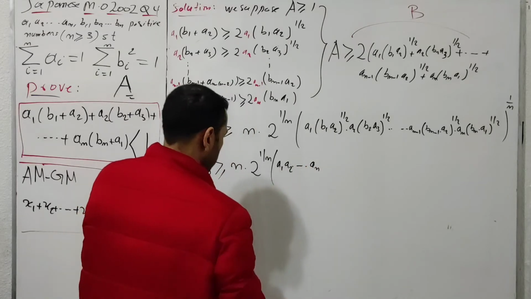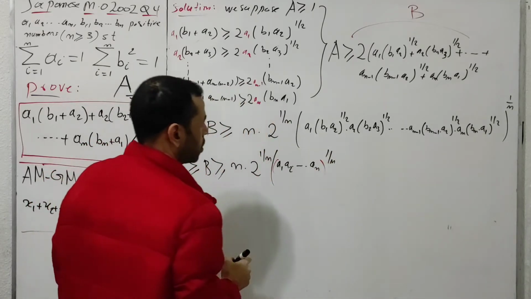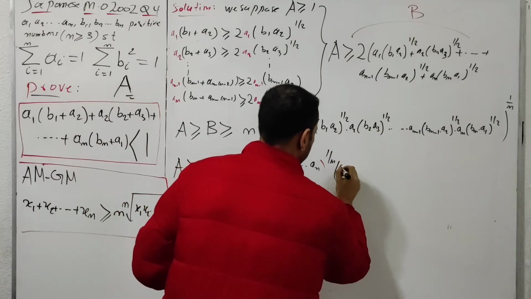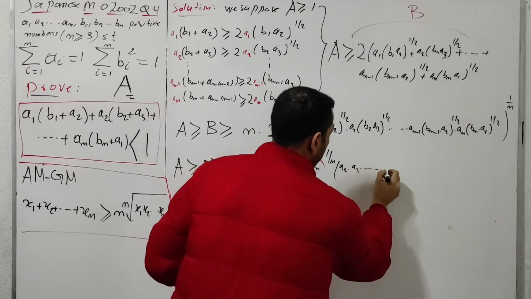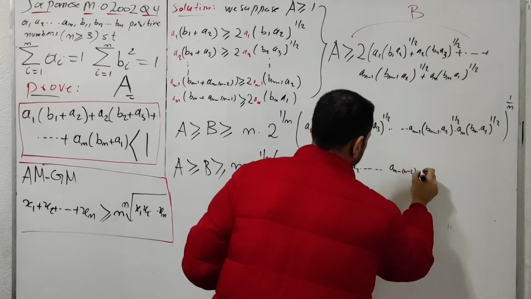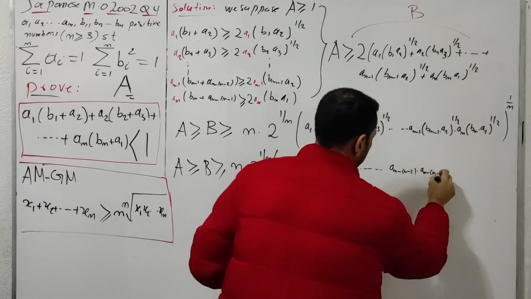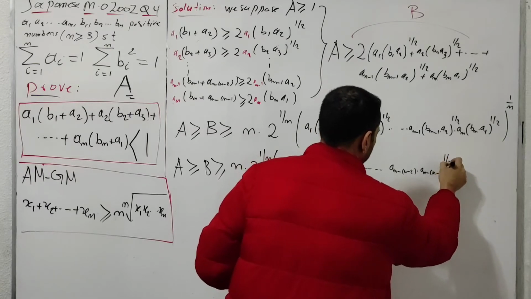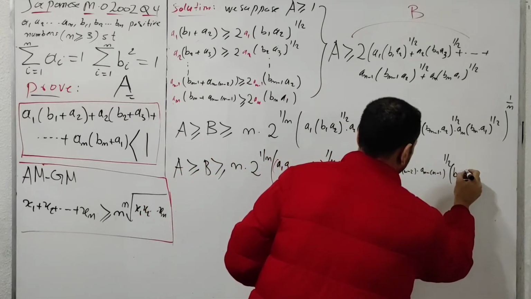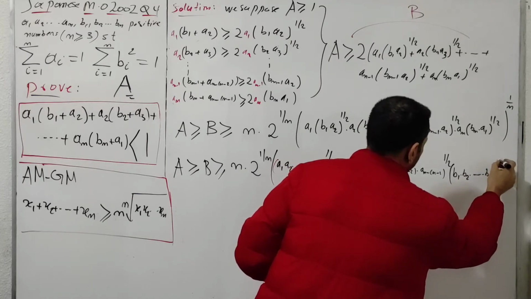Okay, so I will have this one raised to the 1 over n as an exponent, then multiplied by E sub 2 multiplied by E sub 3 and all the way down to E sub n minus 2, multiplied by the last term, which is E sub n minus E sub n minus 1, raised to the 1 over 2 as a power, then multiplied by another product, which is B sub 1 multiplied by B sub 2 and all the way down to B sub n, to the 1 over 2.